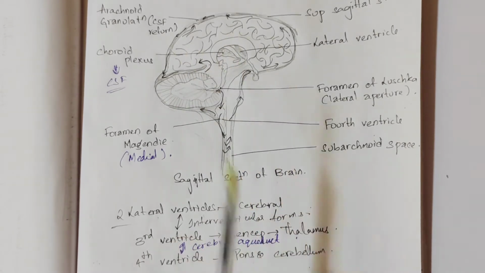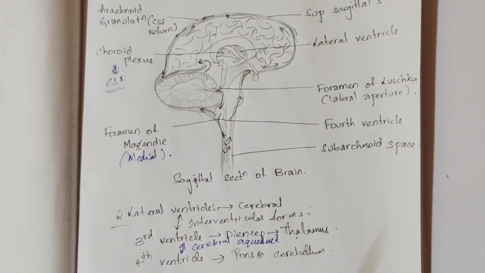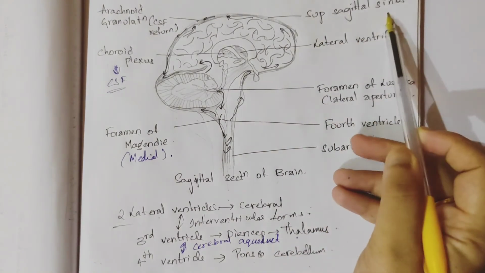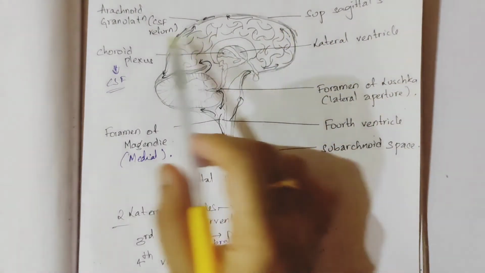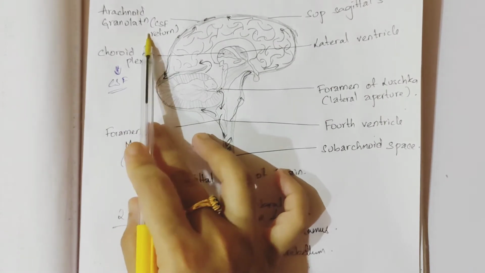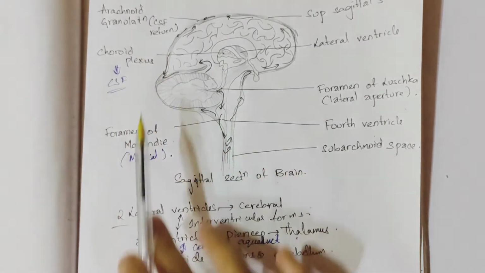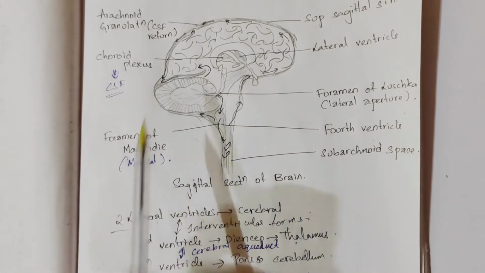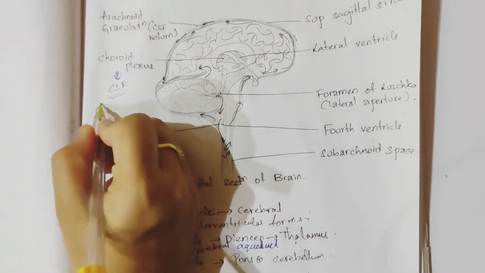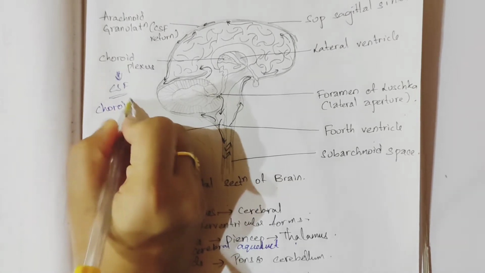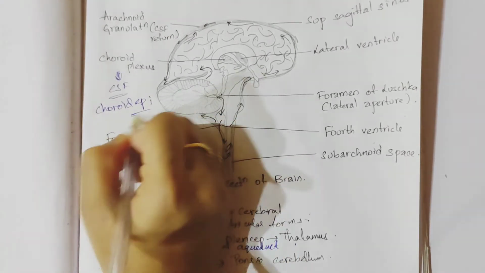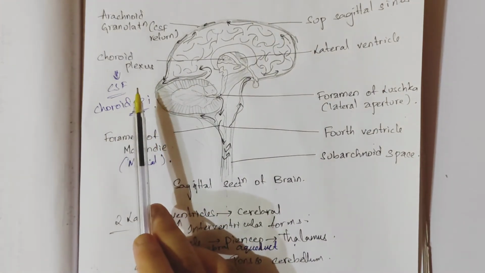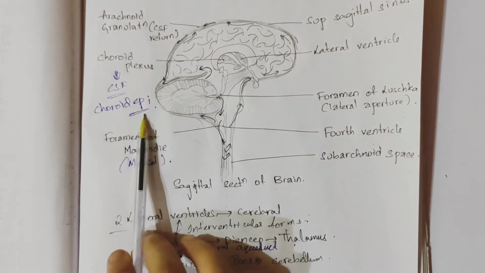We can see this, and also the CSF draining into the superior sagittal sinus and into the arachnoid granulations. This is the site where the CSF returns. The choroid plexus consists of choroid epithelial cells and is present in the lateral, third and fourth ventricles.